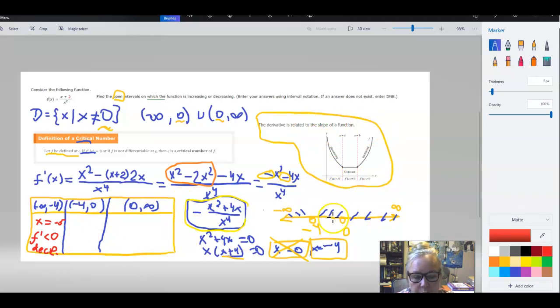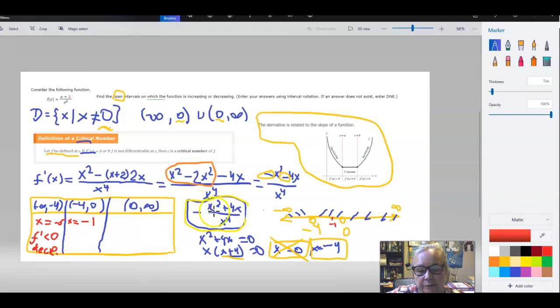Now we need to pick a number between -4 and 0. Say -1. You randomly pick a number that belongs to the interval you analyze. I chose x equals -1 because it's easy to calculate. If I plug in here, remember the denominator is always positive because it's x to an even degree. -1 squared is 1, plus 4 times -1, which is -4.